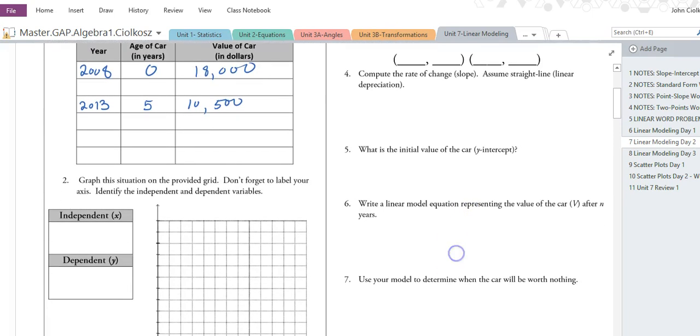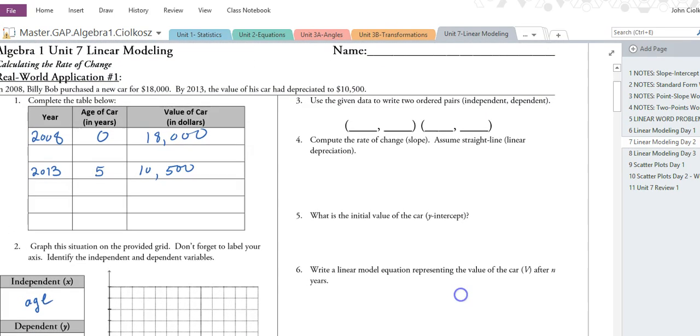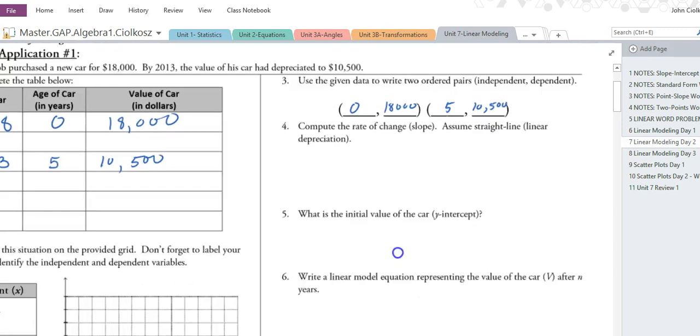The key idea here is our independent x, that's always dealing with time, so that's the age in years. The dependent, we'll go with the value instead of the cost. Either one will get you the same idea. So our 2 points we're going to use are 0, 18,000, and 5, 10,500. Now, it's time to find the slope.